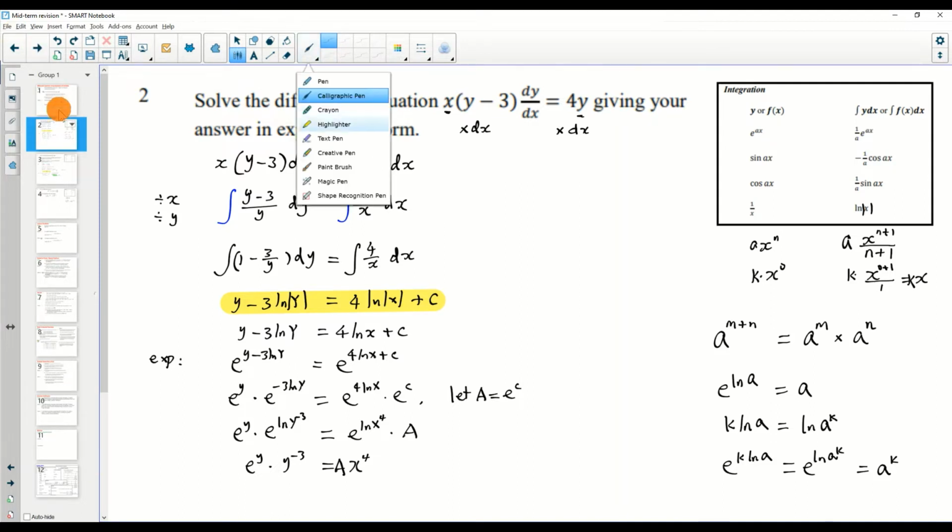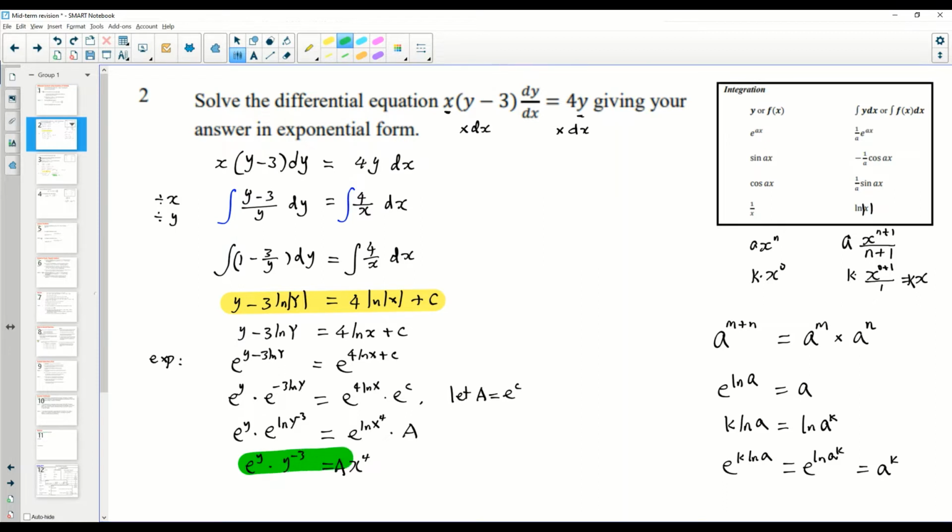So this is the end of the answer in exponential form. So there's no more logs left. You might find the step between the yellow highlighted answer that has logs in it and the green expression a bit tricky.